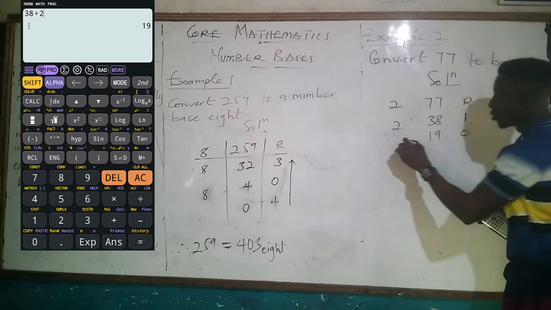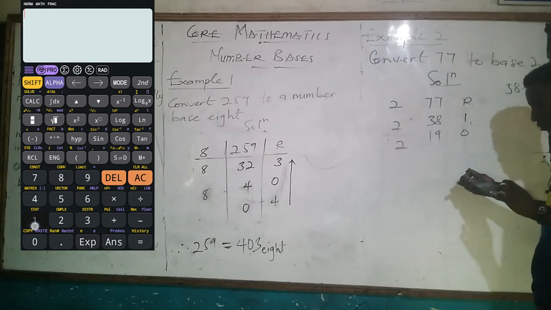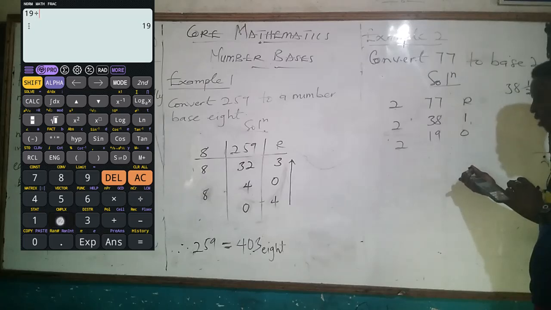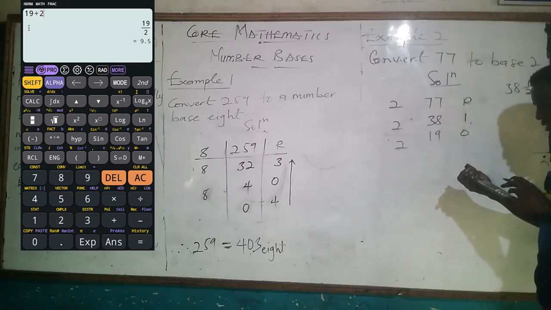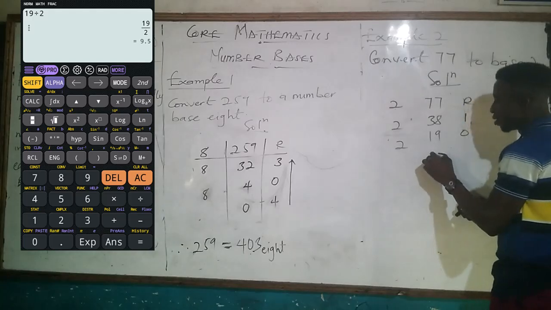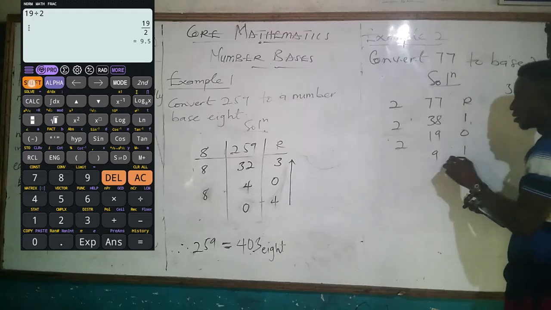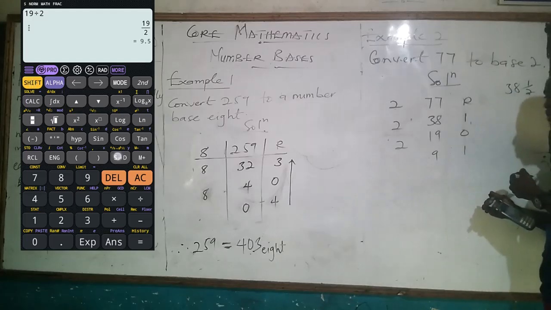Then the next one is what? 2 into 19. So I'll have 19 divided by 2. And that one too is getting me 9 whole number, 1 on 2. So meaning I'll have what? 9. And 1 on 2 means remember 1. And that is that.